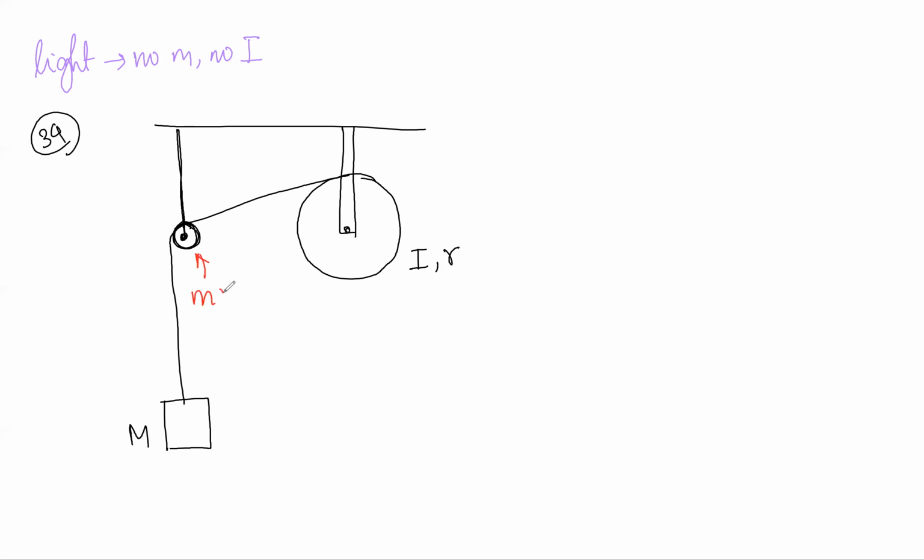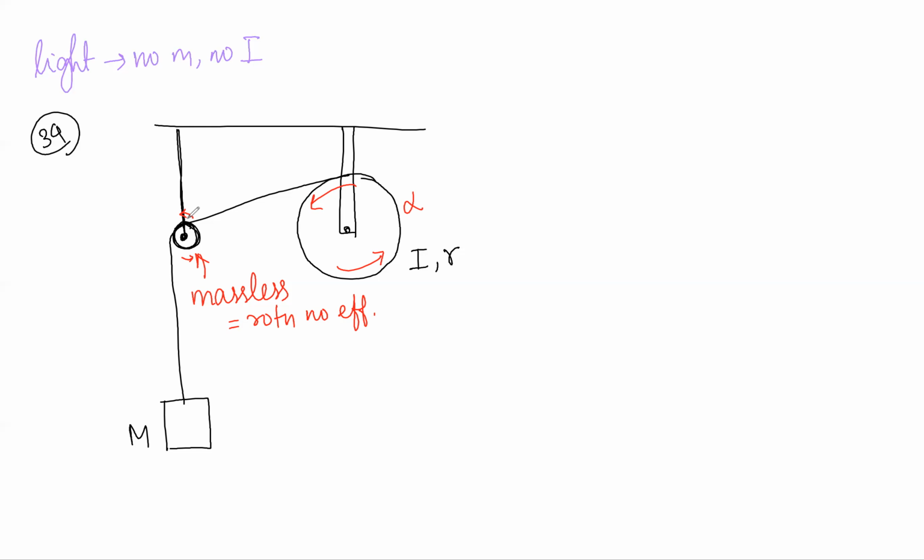So its rotation has absolutely no effect on the question. But this pulley has mass. So its angular acceleration is alpha. So if its angular acceleration is alpha, what about the acceleration of this thing? This is also going to have some angular acceleration, except we are not bothered what it is, and it is also not going to come in any equation, because if the pulley doesn't have mass, it is not going to have moment of inertia.